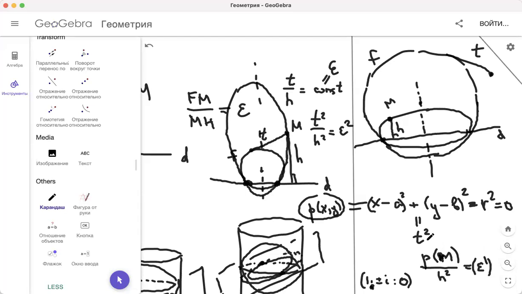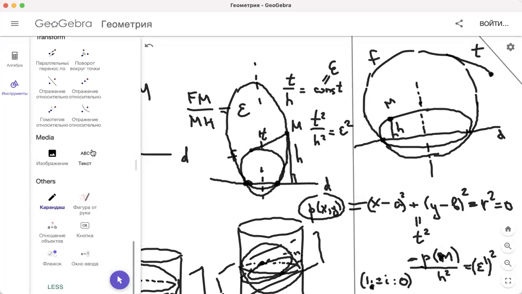But it is easy to see that for a point inside of the circle, its power, this value, is negative. So here I need to write, okay, I write minus here. And this ratio is equal to the square of some other constant.